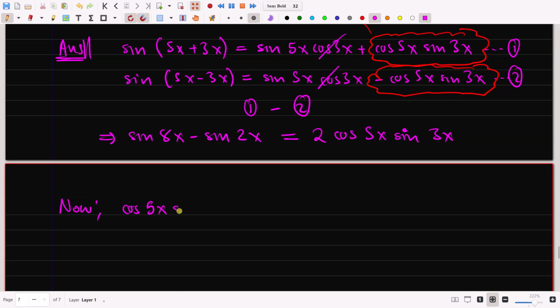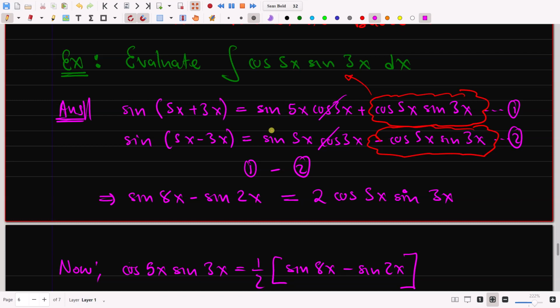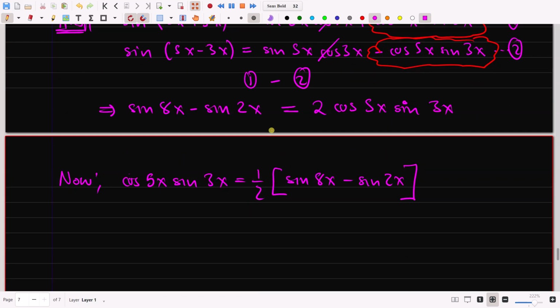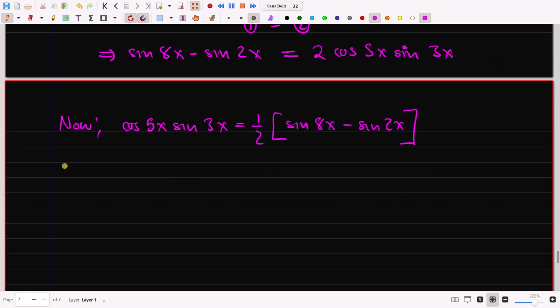So we have half of what? When you integrate sine 8x, what do you get? Remember, first you differentiate 8x, you get 8, you take out the reciprocal, you get 1 over 8. And the integral of sine is minus cos, so you get minus cos 8x. Then here again, same thing: differentiate, you get 2, take it out, it becomes half.